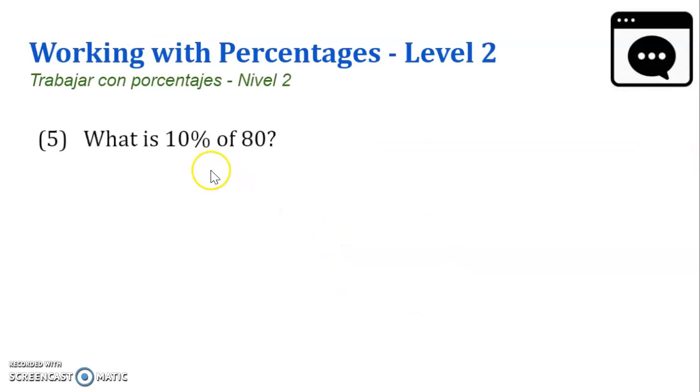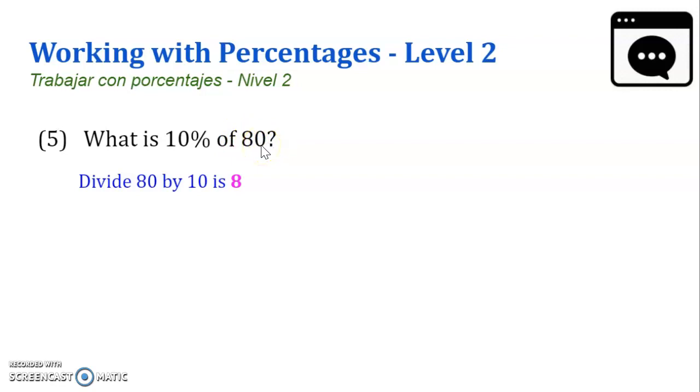All right, what is 10% of 80? What does 10% mean? That means it's 1/10 of some number, which means you're dividing it by 10. When you're dividing a number by 10, you can move the decimal place.